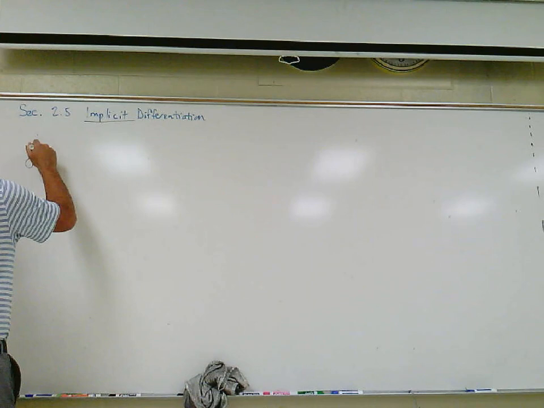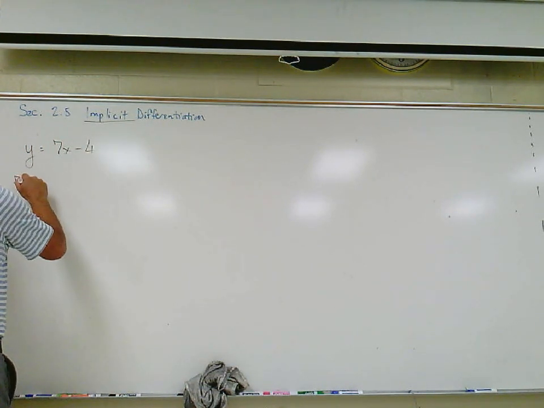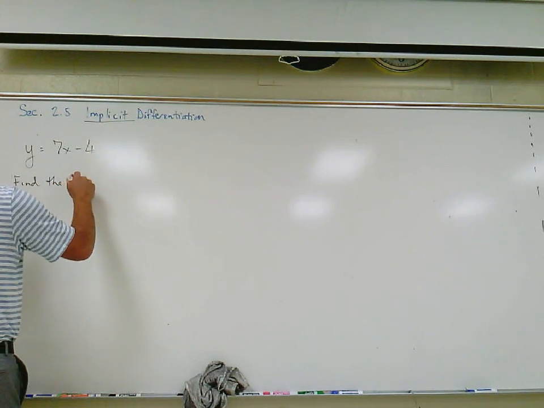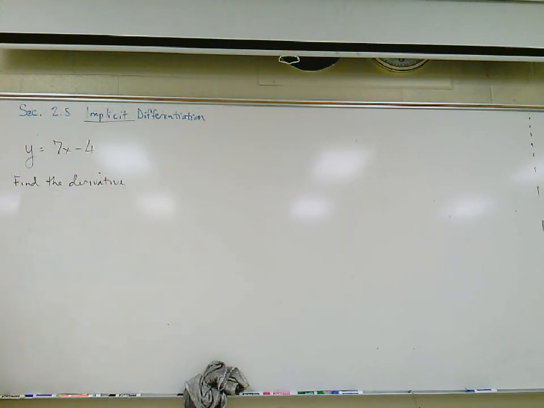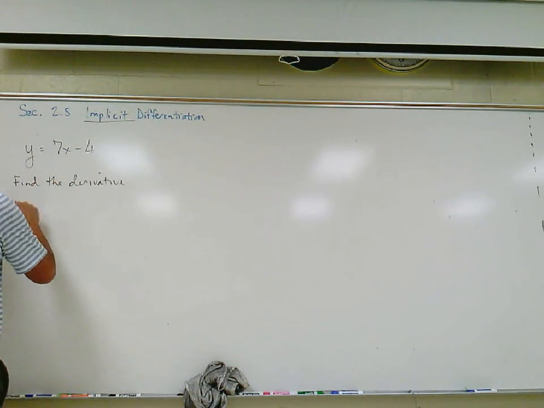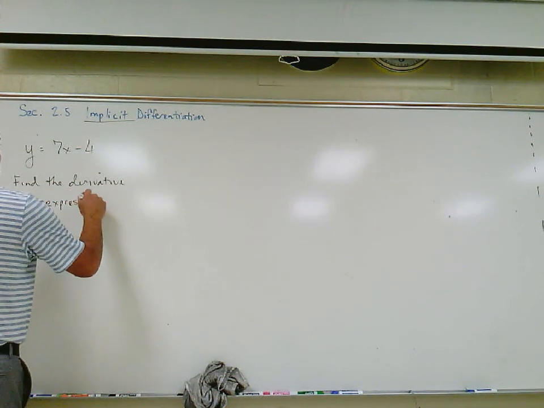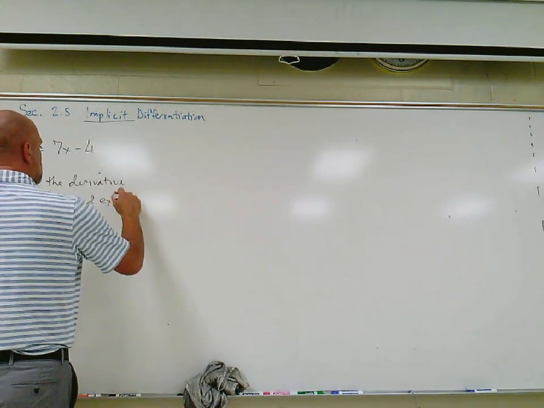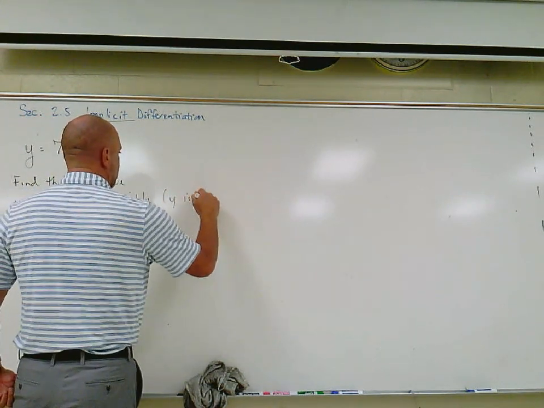If I gave you this and I said, find the derivative, I want to go through the steps technically. The key thing to note is that y is expressed explicitly, which means y is by itself.